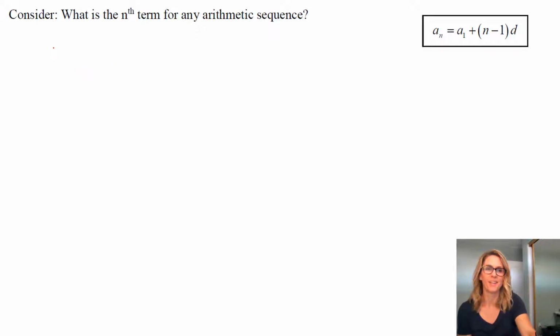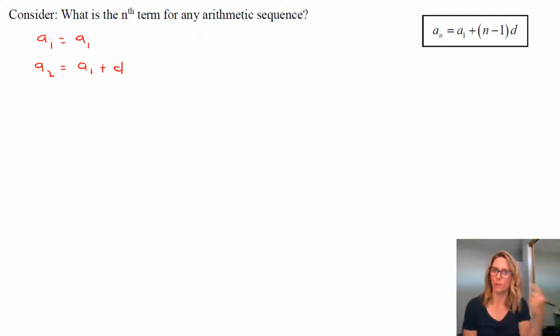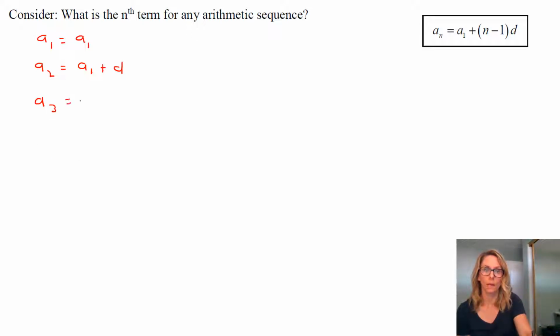So let's take a look. Our first term is a sub 1. Second term, a sub 2, is a sub 1 plus whatever our difference is. We're trying to find a pattern here, so just stick with me. A sub 3 takes a sub 2 and adds another difference. Combining like terms, we have a sub 1 plus 2d, 2 times the difference.